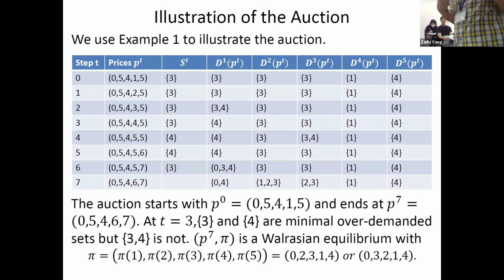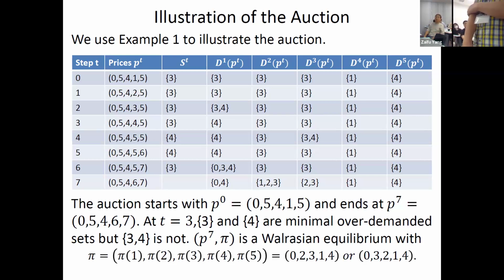Is this clear? Is it always true that if you reach a valuation equilibrium price, when there are multiple efficient allocations, they can all be attained by a single valuation price? I think this is a good question.